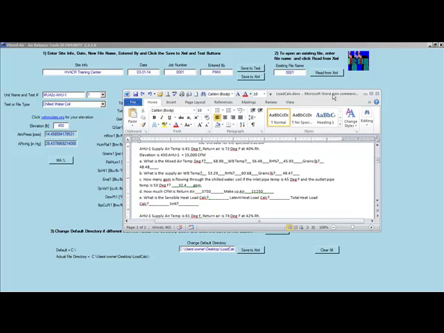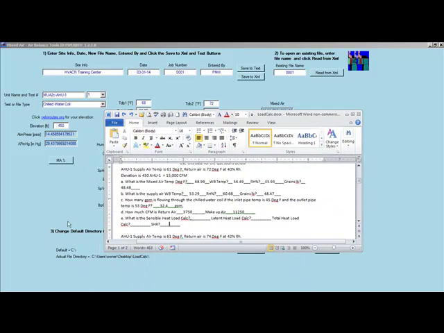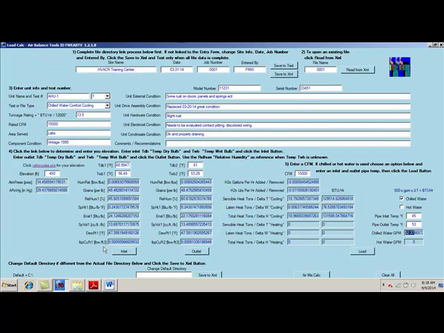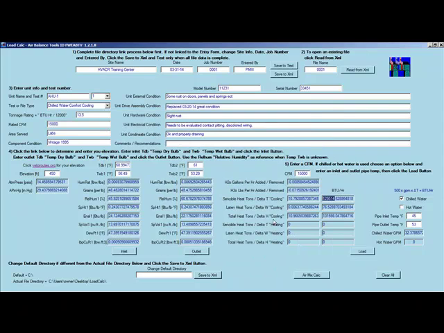The latent divided by sensible, right? So let's go back to our, this is our mixed air. Let's go back to our load. So here's our sensible. Our latent.